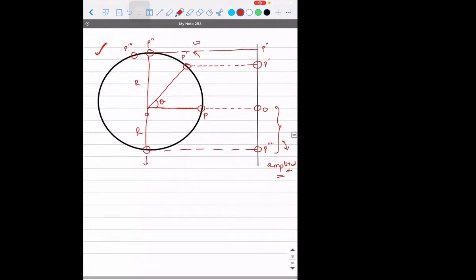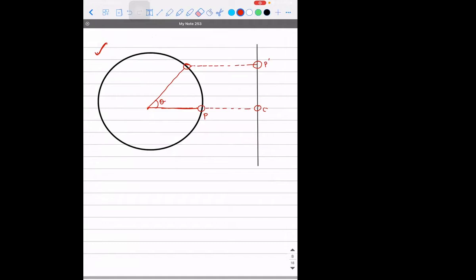So if I erase all these points, my interest of study is, if I consider the circle to have a radius of A, where A defines the amplitude of the simple harmonic motion.